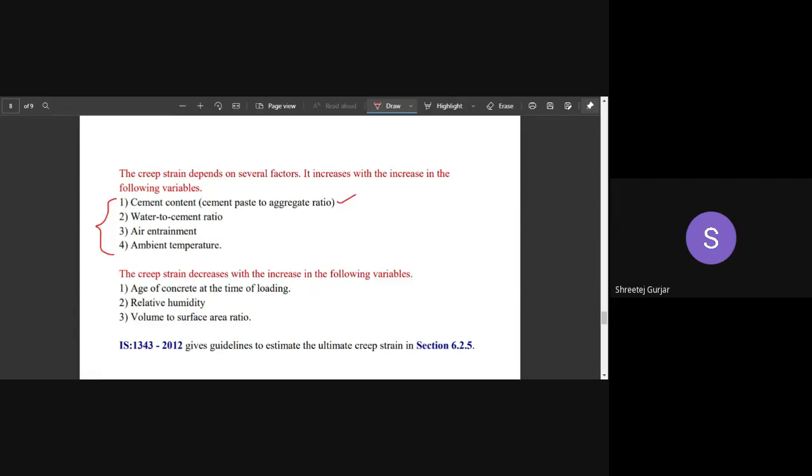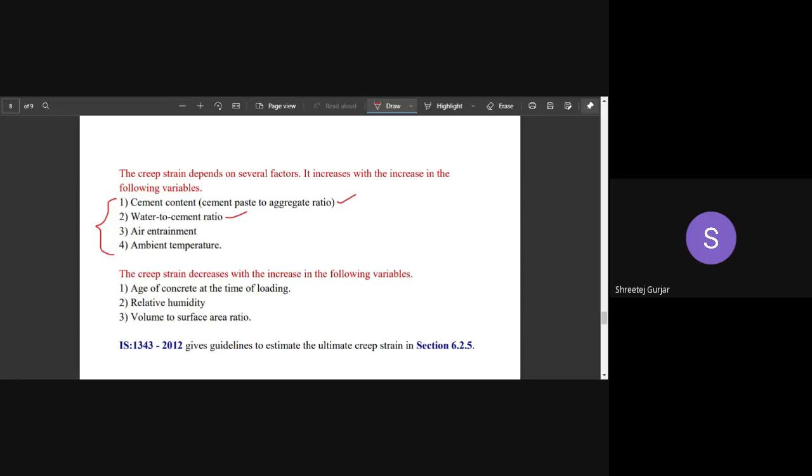The next thing is that creep strain increases with increase in water to cement ratio. If the water to cement ratio is more, the creep strain is more because there is more expulsion of water from the voids. So we try to keep the water to cement ratio as low as possible.